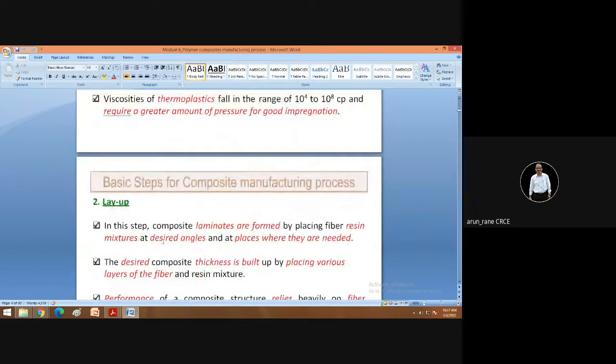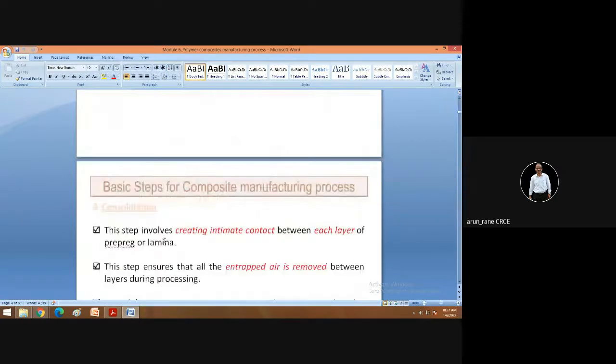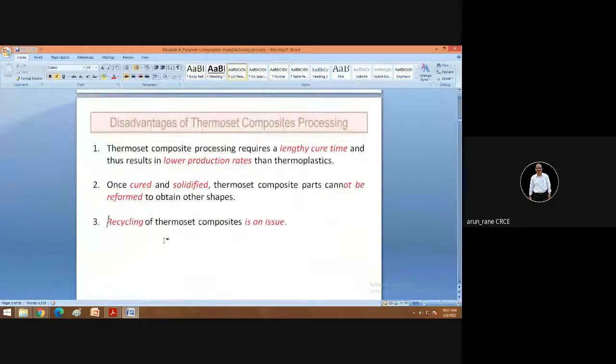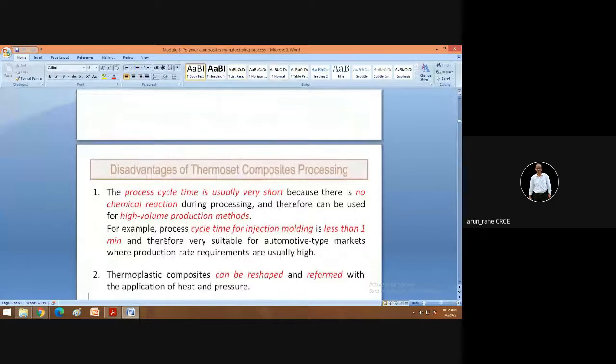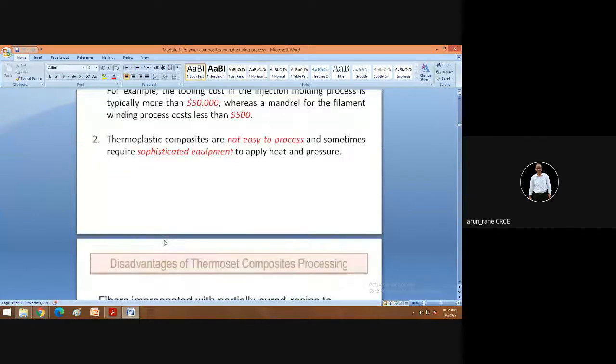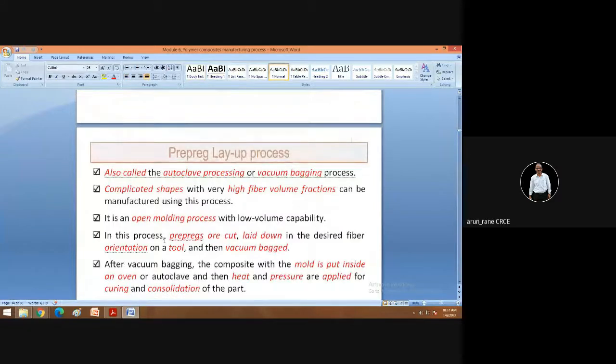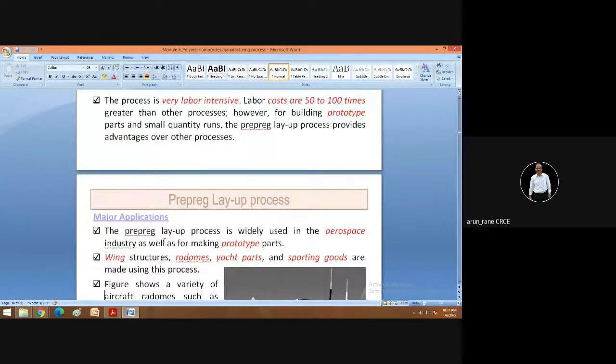That's all. Advantages, etc., will not be asked. Disadvantages, limitations, and these are the prepreg and all those processes, RTM, etc. These are all processes in which composites are processed.